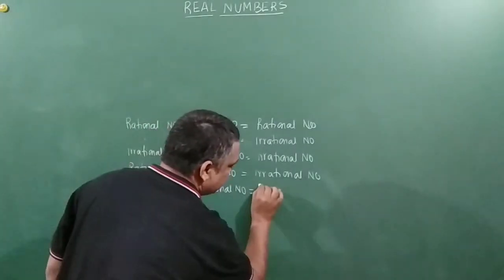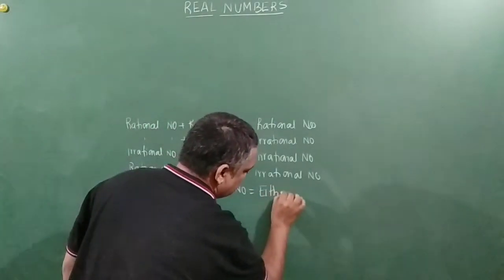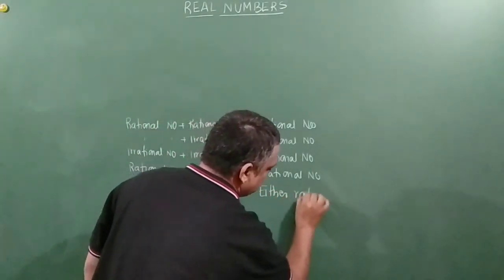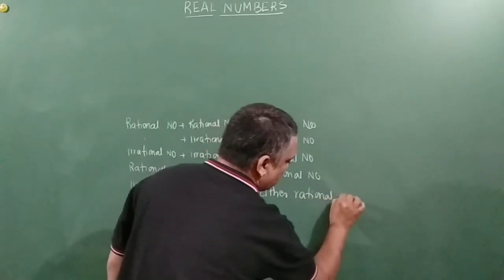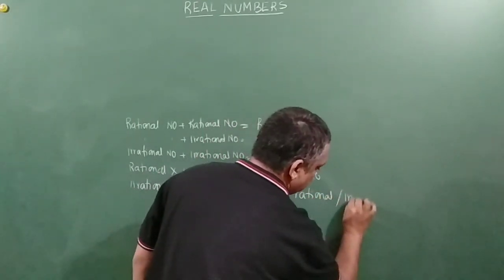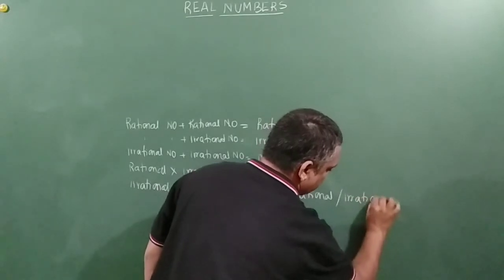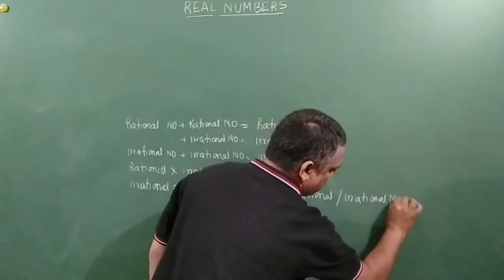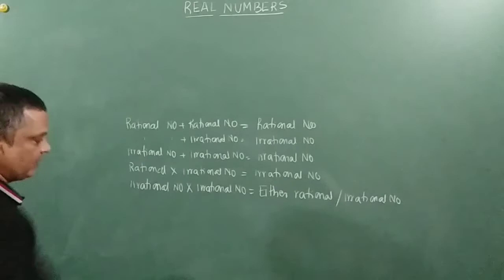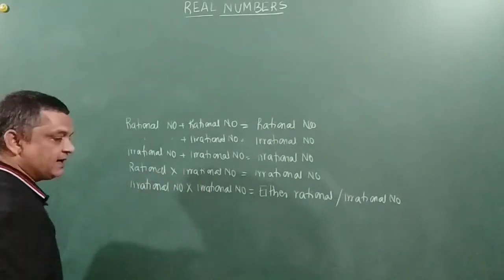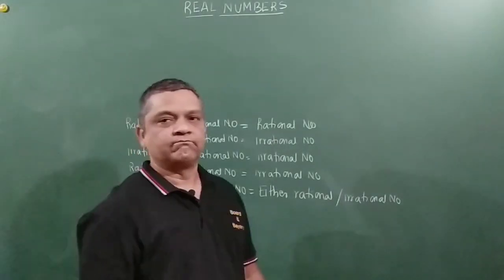Okay? Either rational or irrational. Got it, my friends? Similarly, irrational number divided by irrational number. Same.